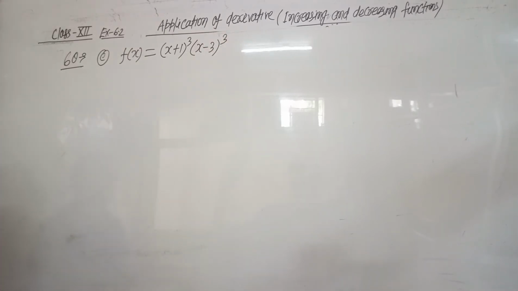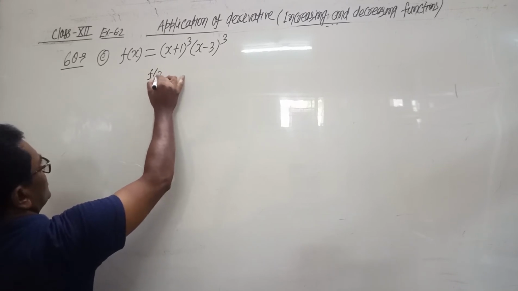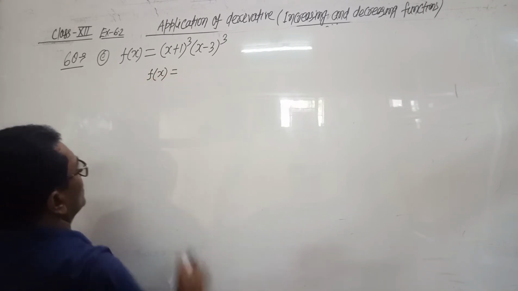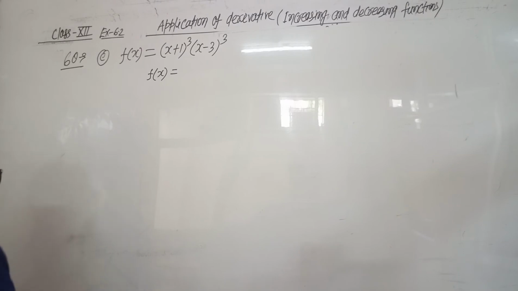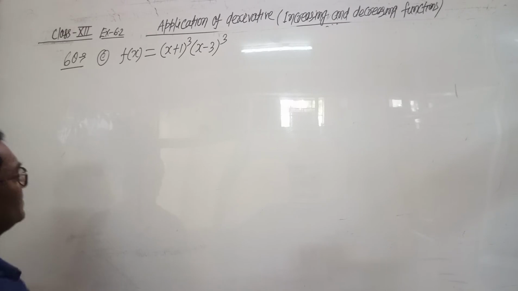So f of x is equal to both expressions. Both expressions can be written as a single whole cube, or we may differentiate in the form u into v.